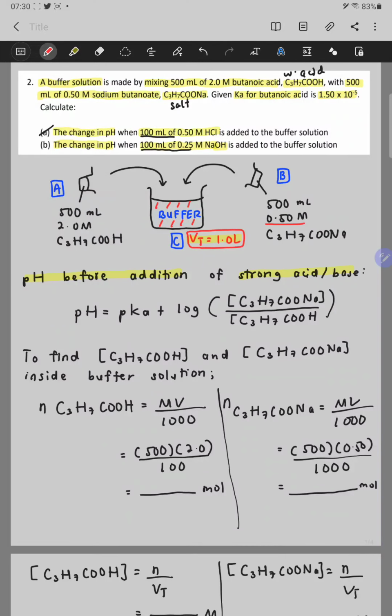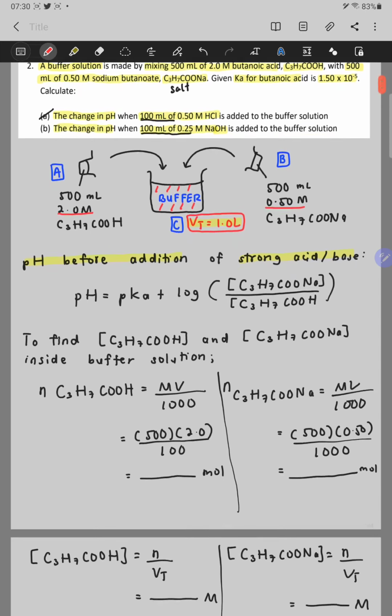The concentration of weak acid is no longer 2 molar disebabkan volume total of buffer solution ni dah berubah menjadi 1 liter. Faham tak? Disebabkan oleh awak produce a buffer solution with a new total volume 1 liter, kalau volume berubah, concentration akan berubah.